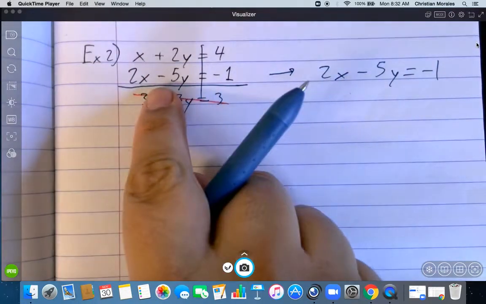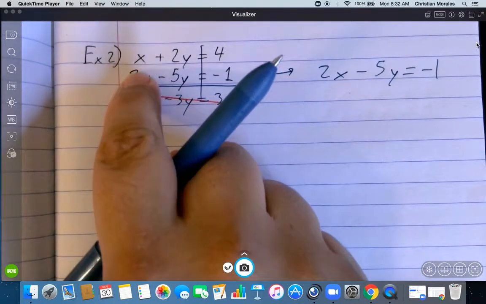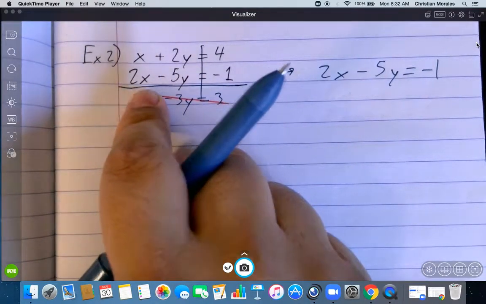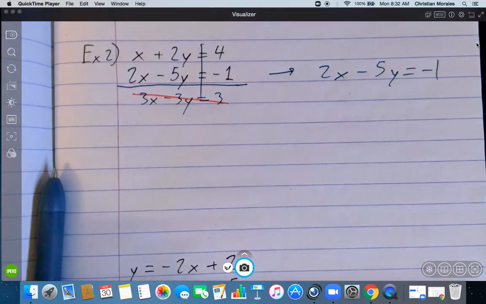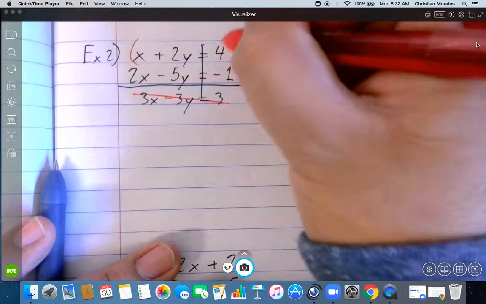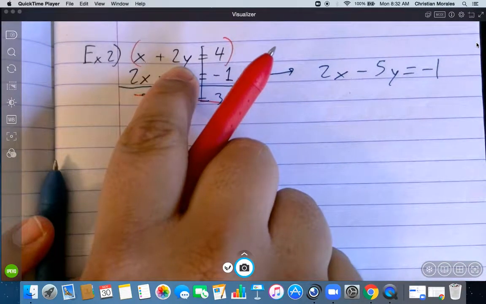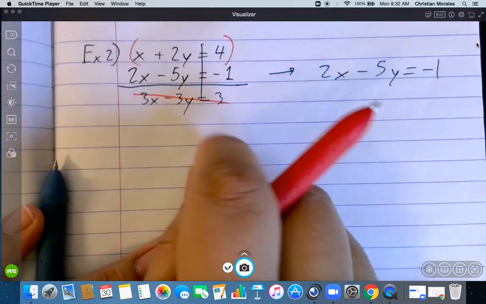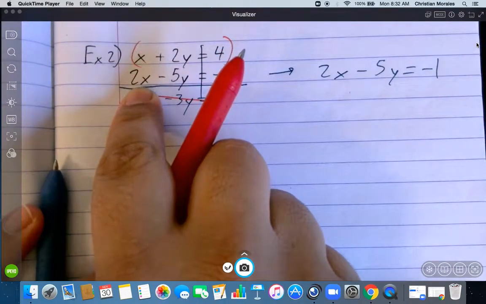So, for example, I can't make these eliminate, but maybe I can make the x's eliminate. Now, how would I do that? How would I have the x's change? Well, what you can do is multiply the entire equation and put whatever number you want with x and whatever number you want with y by multiplying. So right here, I want a 2 to cancel out this 2.